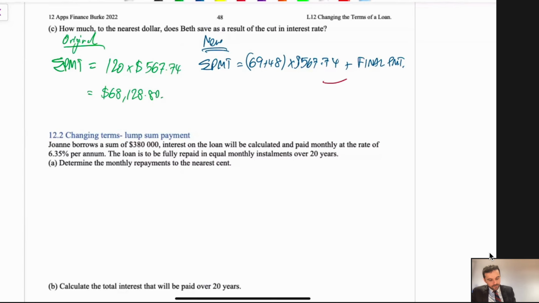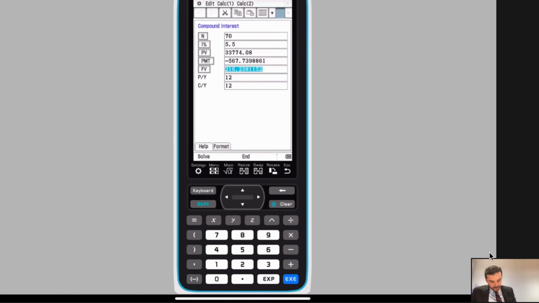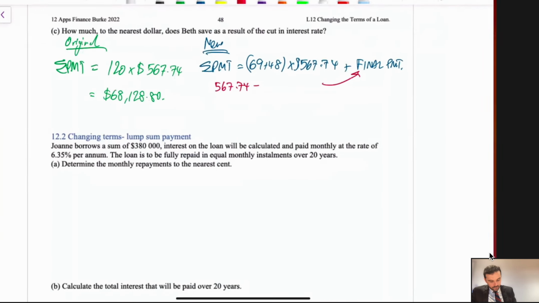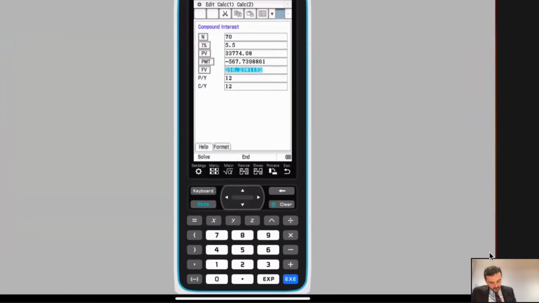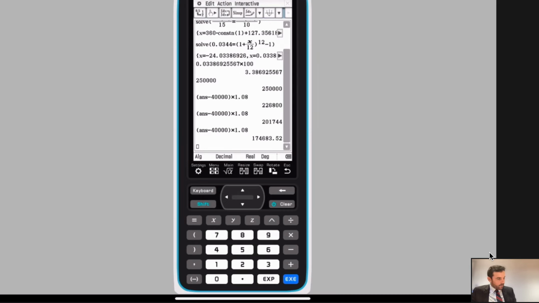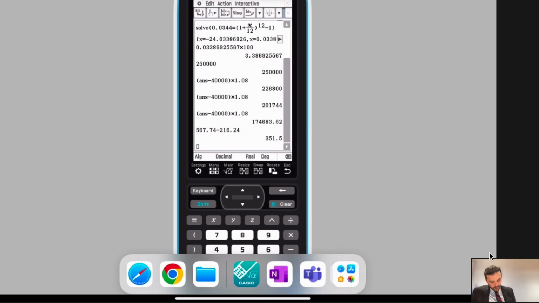So the final payment is going to be 567.74 minus 216.24, and this is our final payment of 351.50.